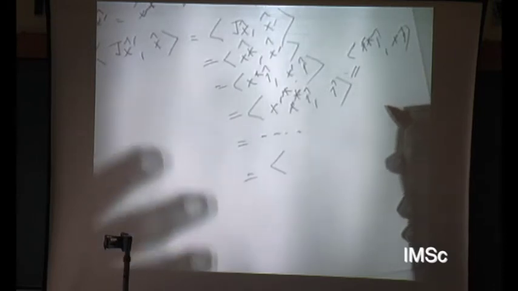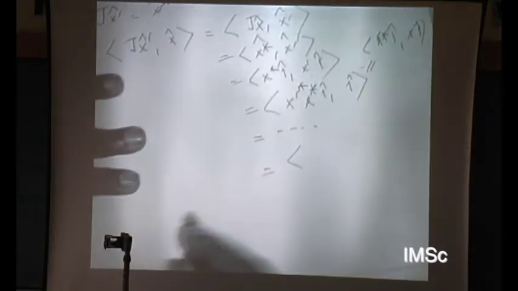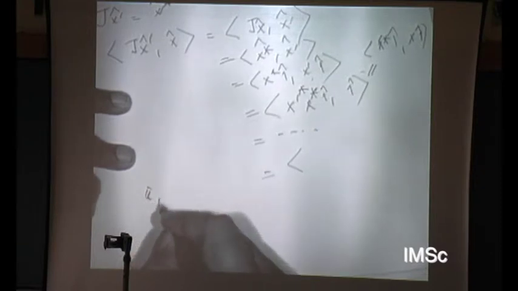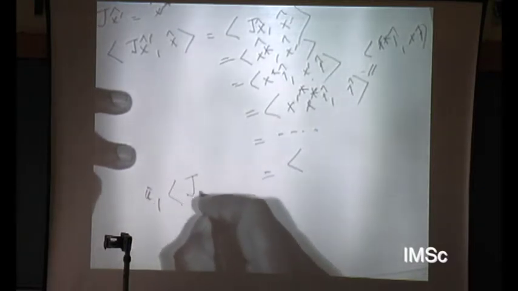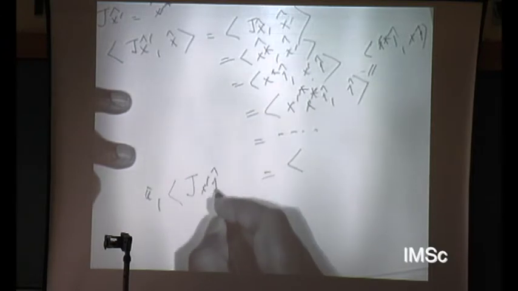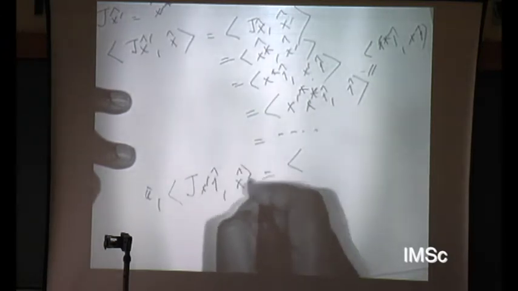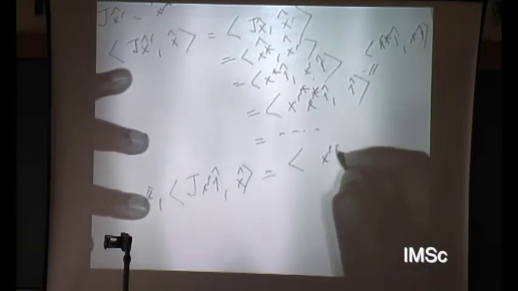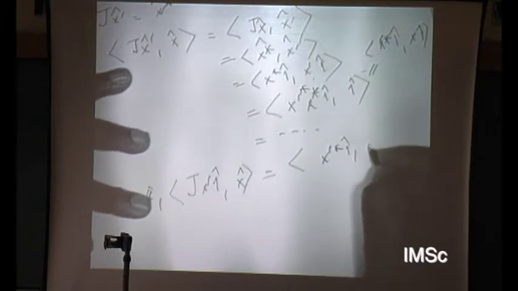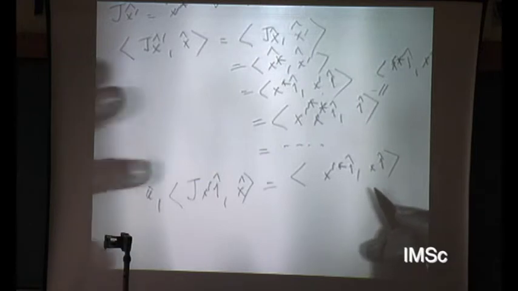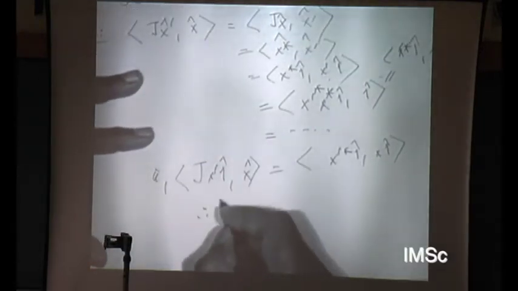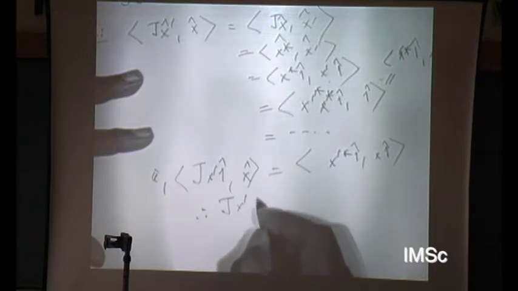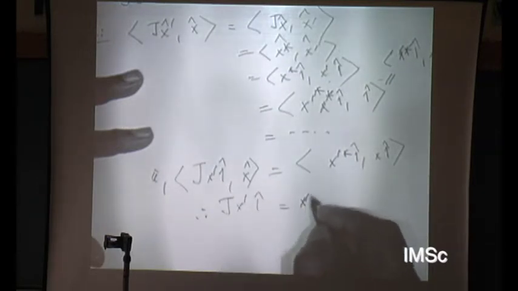That itself does it for me, because I've shown that J X prime 1 hat, X hat equals X prime star 1 hat, X 1 hat. But things like X 1 hat are dense, and therefore J X prime 1 hat equals X prime star 1 hat.